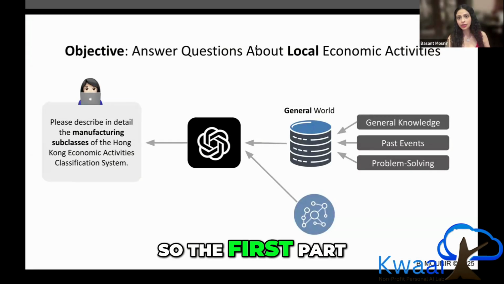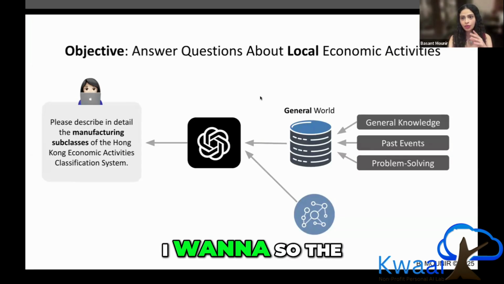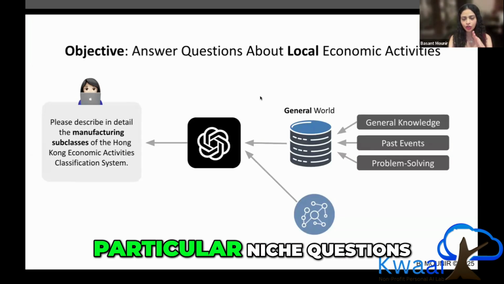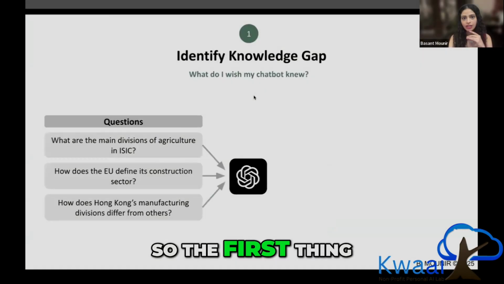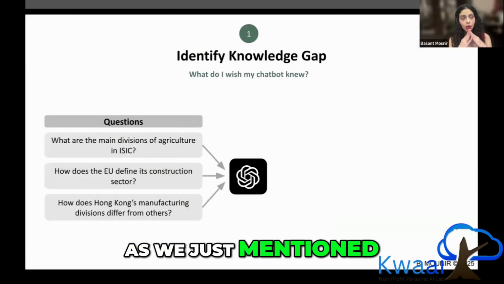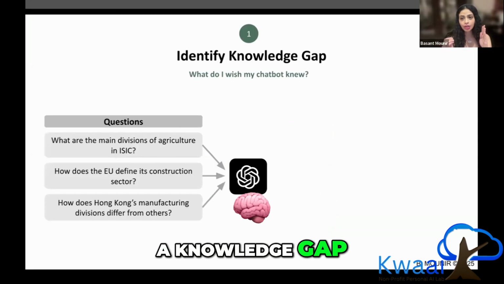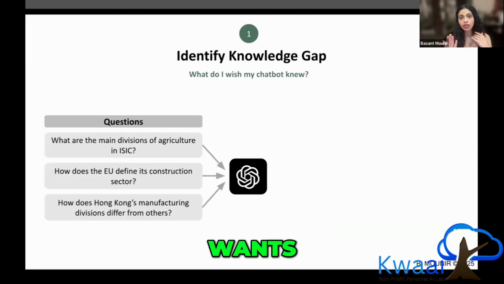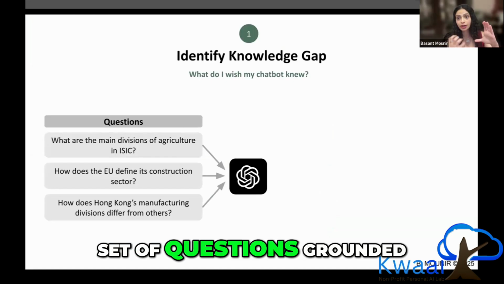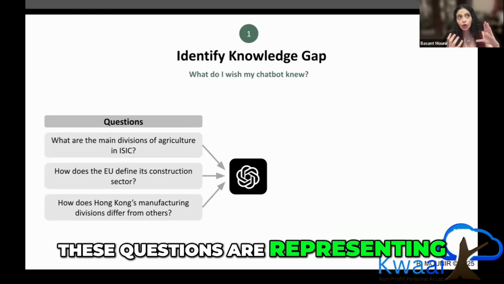Okay. So the first part, when I'm assessing knowledge graphs, is how am I going to build them? The goal is to answer particular niche questions, right? So the first thing I need to do is identify the knowledge gap. As we just mentioned, when the chatbot starts to hallucinate, you've probably detected a knowledge gap. When someone wants to answer a particular set of questions grounded in facts, these questions represent the knowledge gap.